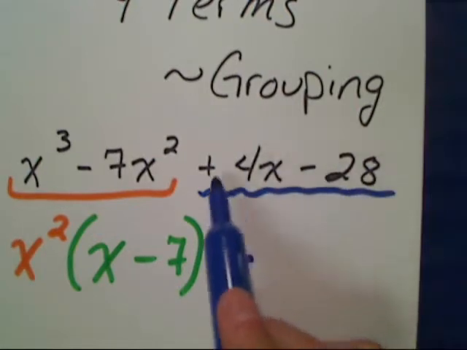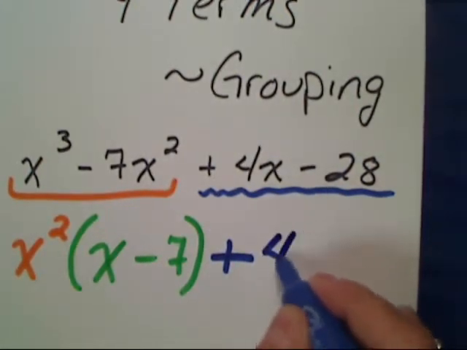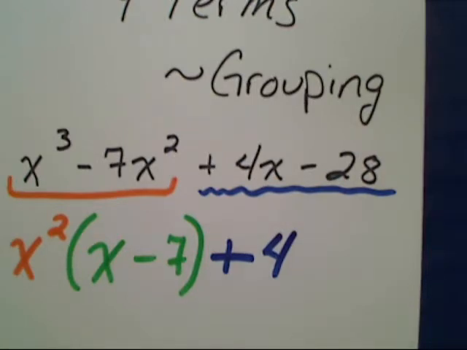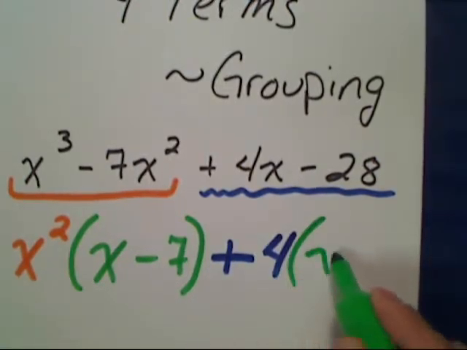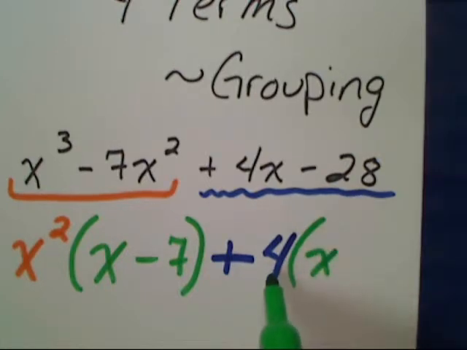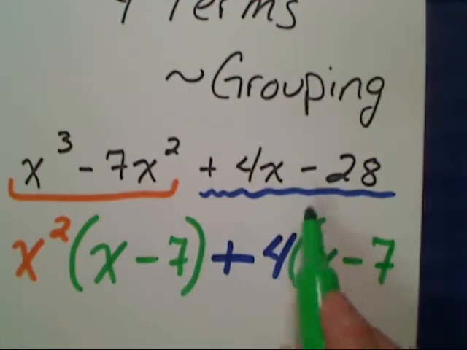Now I'm rewriting these 2 terms as a single term, taking out the greatest common factor of 4. If I take out a greatest common factor of 4, what am I left with? Well, taking the 4 out of here, I just have the x. 28 divided by 4 is 7. Nothing switched my sign.